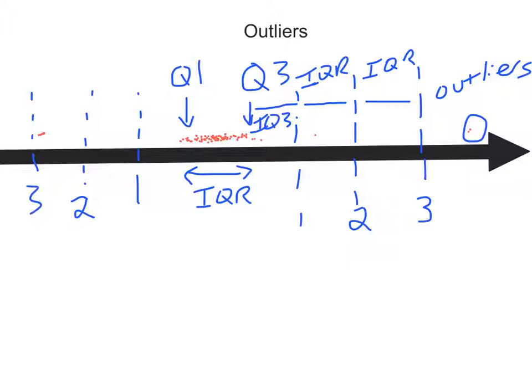So in that case, these data points there would not be outliers because they are not beyond 3 interquartile ranges away from Q1. So once again, this is an IQR, and then this is an IQR space, and this is an IQR space.